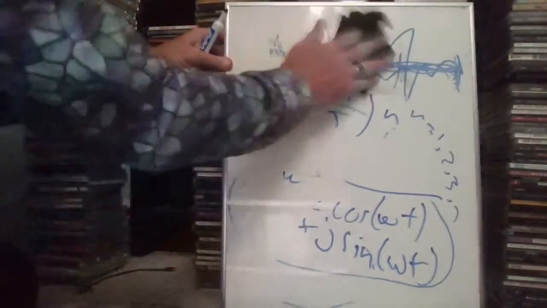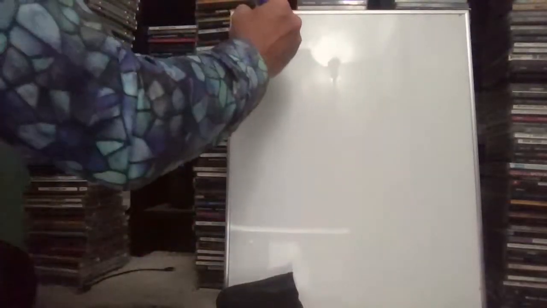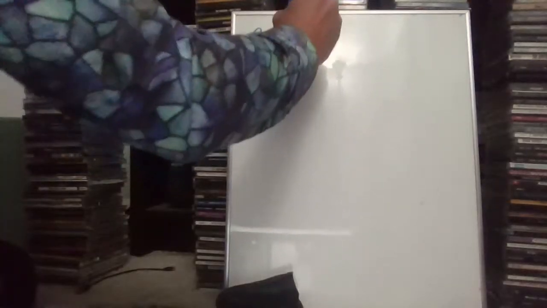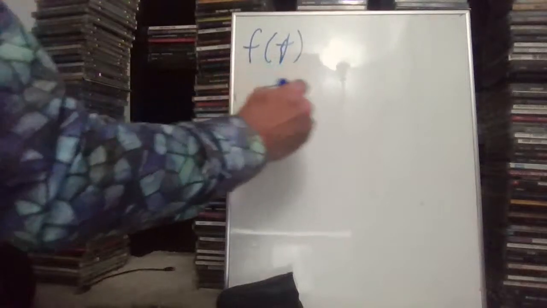So what you're going to find in engineering, and I'll wipe all this away now. I hate to do that because it's beautiful work, some of it, at least it looks so to me. Any function of time that's periodic can be expressed as an infinite sum.